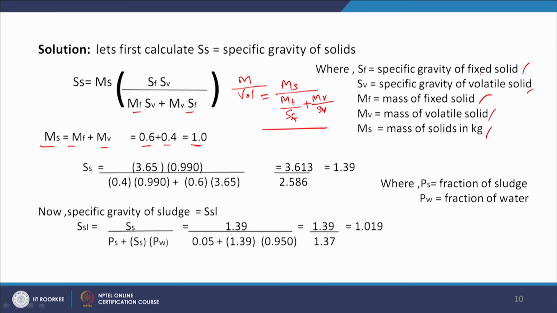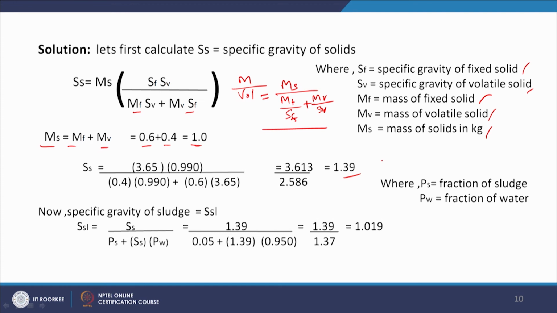Specific gravity of fixed solid, that is 3.65, it is given, and then specific gravity of volatile solid 0.990 is given. So, the denominator is MF that is 0.4 into SV 0.990 plus MV 0.6 into 3.65. So, we get these expressions, and SS comes as 3.613 divided by 2.586, that is equal to 1.39.